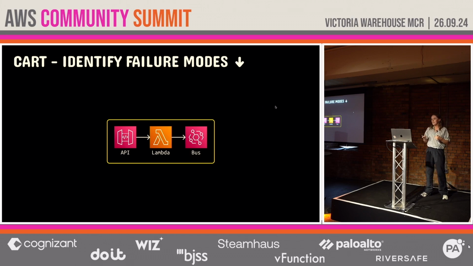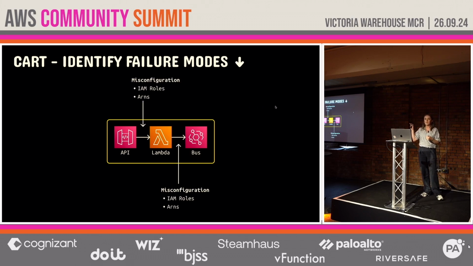Some common failure modes would be misconfiguration of the IAM roles and ARNs. If those aren't tested, it's quite easy for that to go wrong. There are also some other failure modes that we'll come back to later, such as throttling of the API and the Lambda. But let's look at the misconfiguration first.